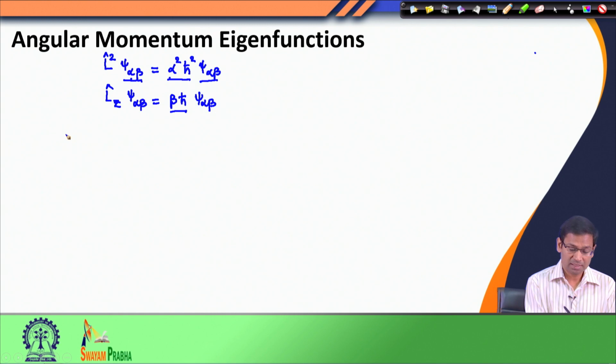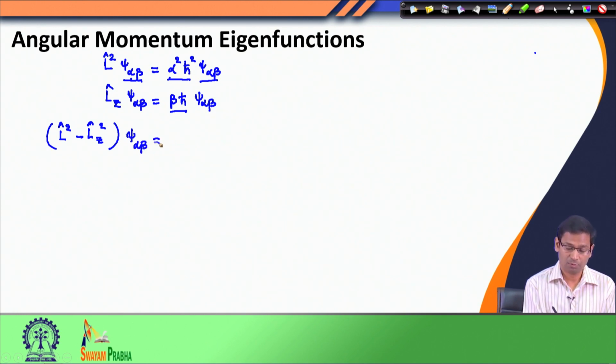Now, before I go further, let me evaluate this relation: the L square minus Lz square operator. When this operator acts on psi alpha beta, what would I get? I know psi alpha beta is an eigenfunction of the L square operator, and also of the Lz operator. When I apply L square on psi alpha beta, I get alpha square h bar square. When I apply Lz on psi alpha beta, I get beta h bar.